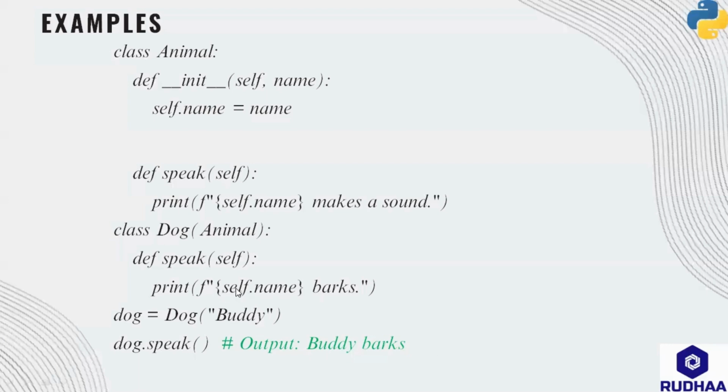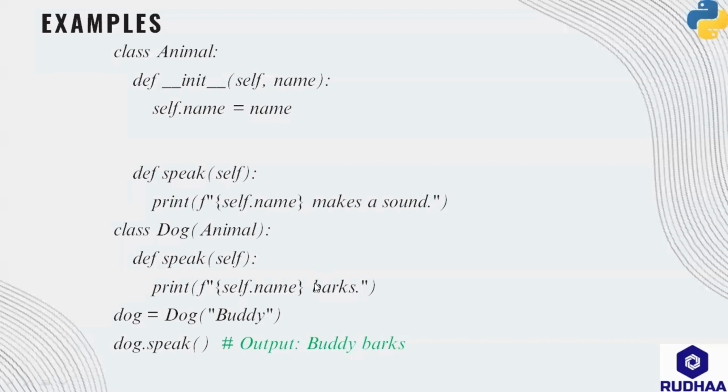So self dot name is inherited from the Animal class. So when we are mentioning Buddy, it will go and store it in self dot name, which is inherited from the parent class. So as per the statement dog is equal to Dog of Buddy, child class of parent class, the parent class attribute will be executed here. So Buddy barks, that will be the output.